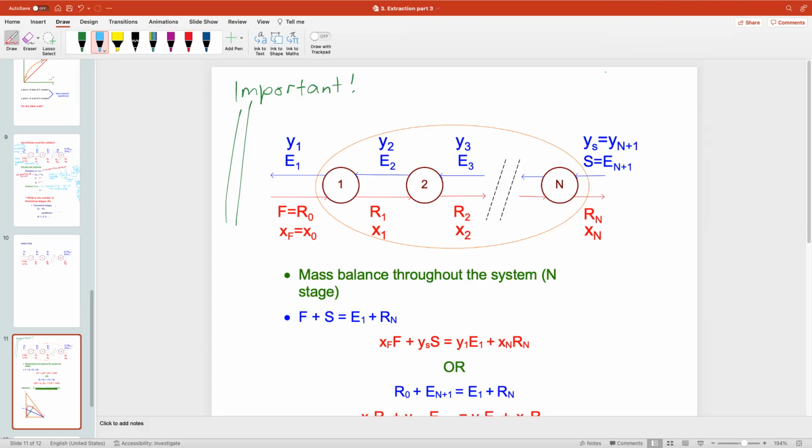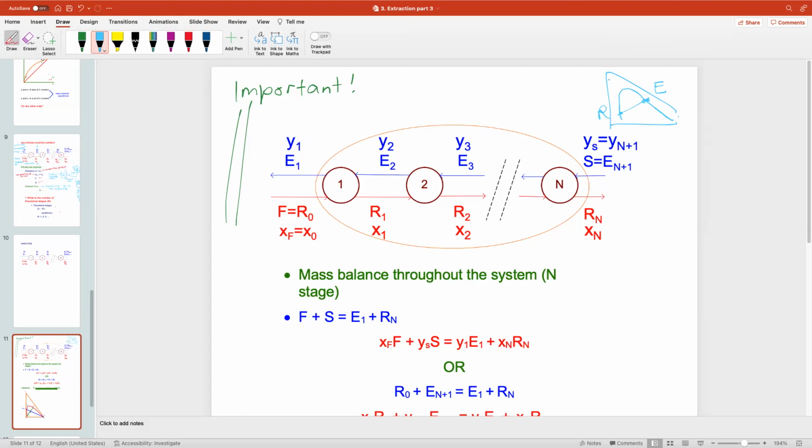Remember the tie line? The composition of E and also the R, right? The composition of C in the extract and also the composition of C in the raffinate, right? Is it correct?